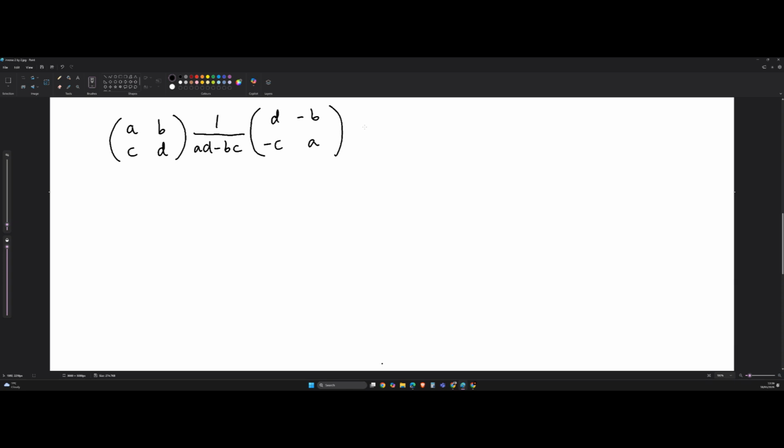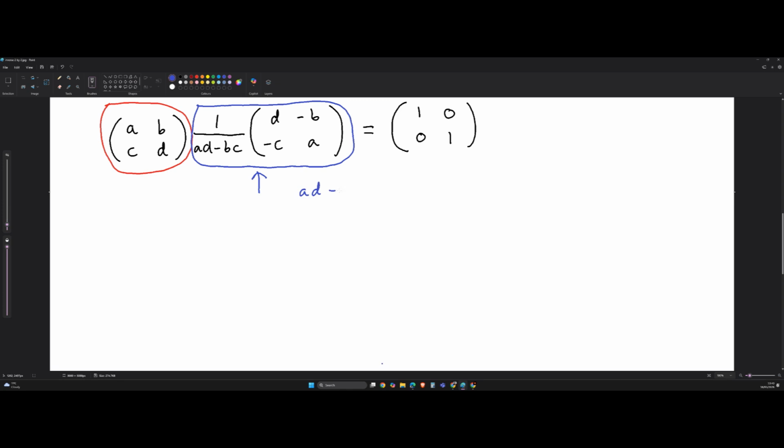Okay, and that's going to give us the identity matrix 1, 0, 0, 1. If we multiply this by this matrix to the right, we get the identity matrix back, and that is why this is the inverse of this 2 by 2 matrix to the left. And the condition is ad minus bc cannot be equal to 0, because you're not allowed to divide by 0.